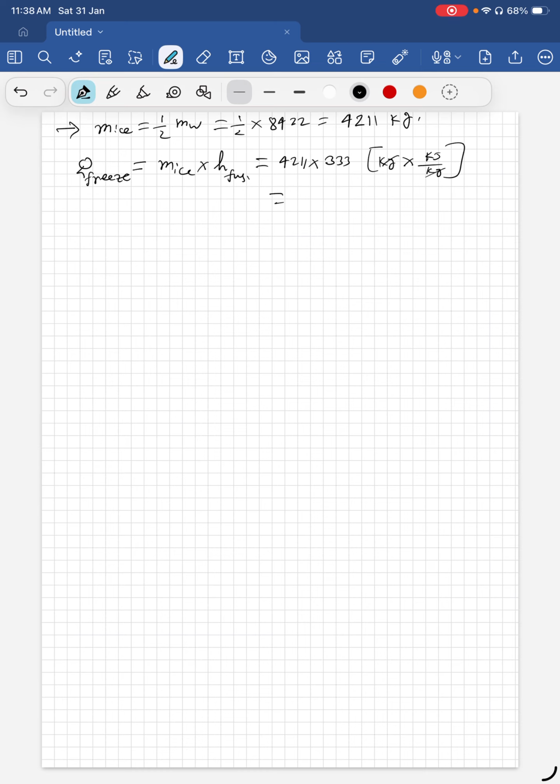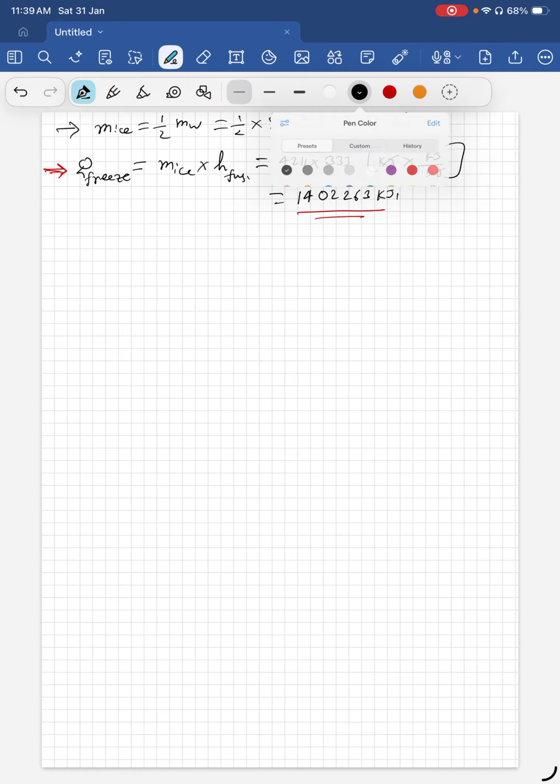Kg removed, and if you calculate it, you will get 1402263 kilojoule. Remember, this is the freezing energy. After the water cools down to 0 degrees centigrade, at this temperature it starts to form ice, and the energy is Q freeze. So this much energy is required to form the ice.